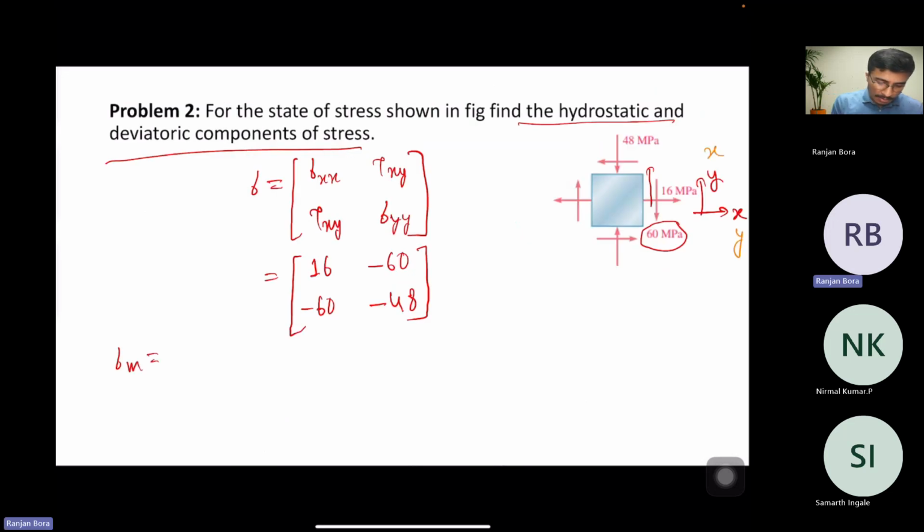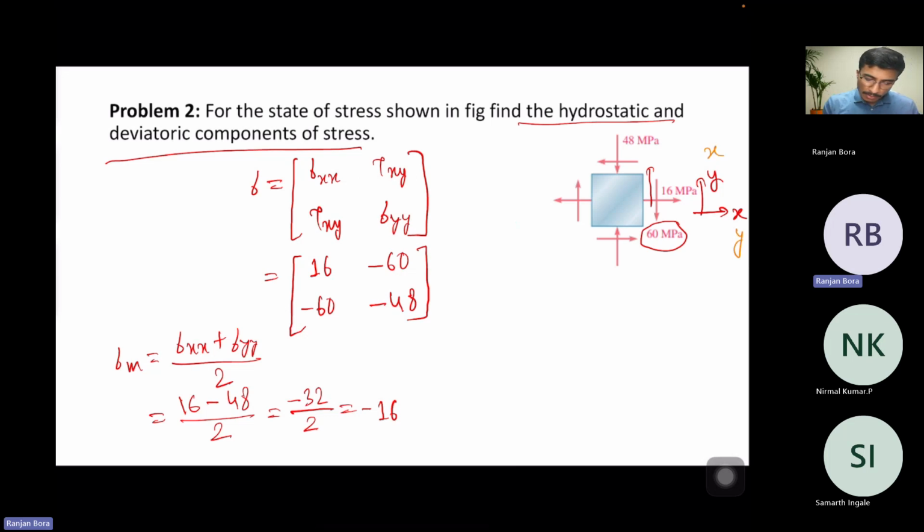Sigma m is (sigma xx plus sigma yy) divided by 2. 16 minus 48 is minus 32, divided by 2 is minus 16.